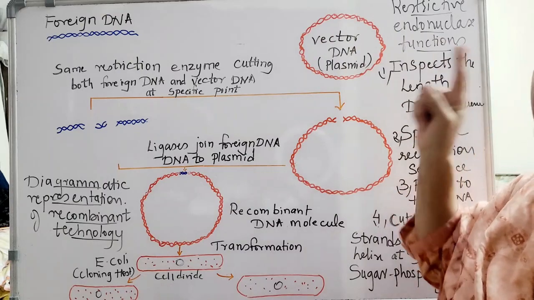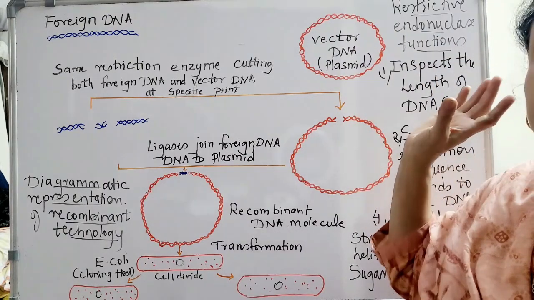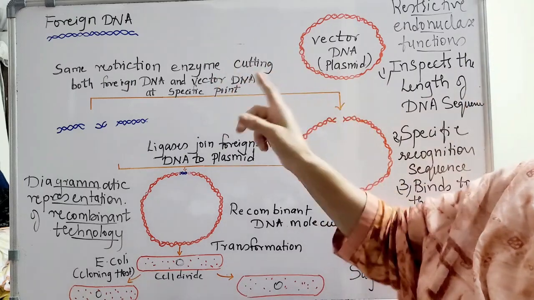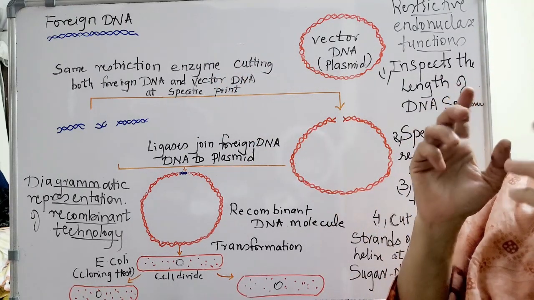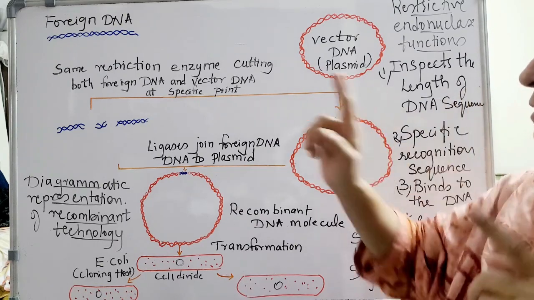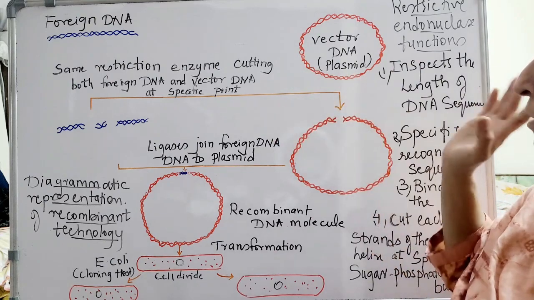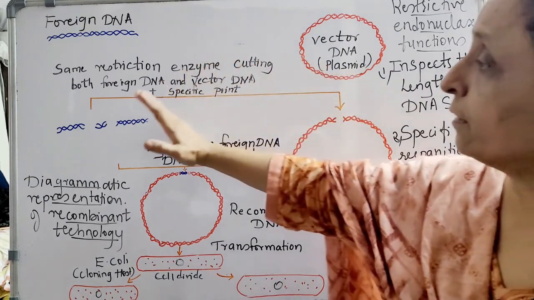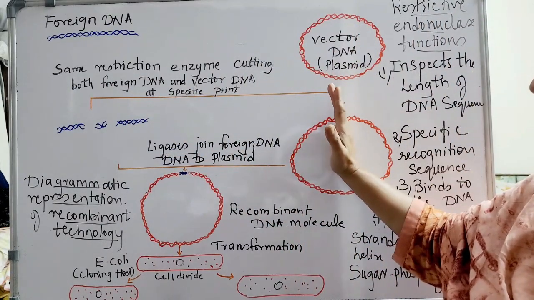A cut has to be given to the plasmid so that we can fix the DNA in it. The same enzyme has to be used because that enzyme will produce sticky ends when it cuts the foreign DNA as well as the plasmid. It has already cut the DNA here and now it is cutting the plasmid here.